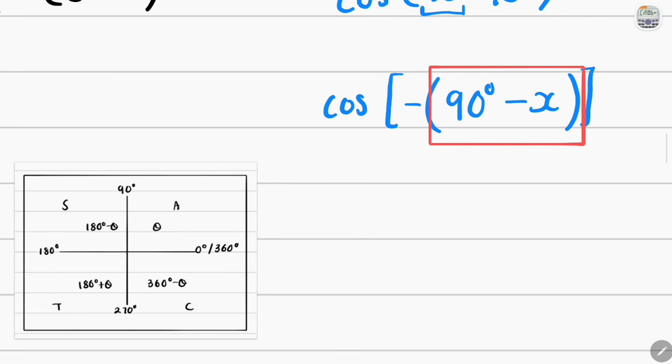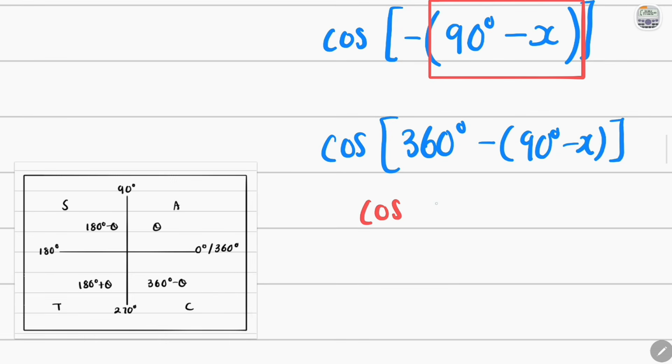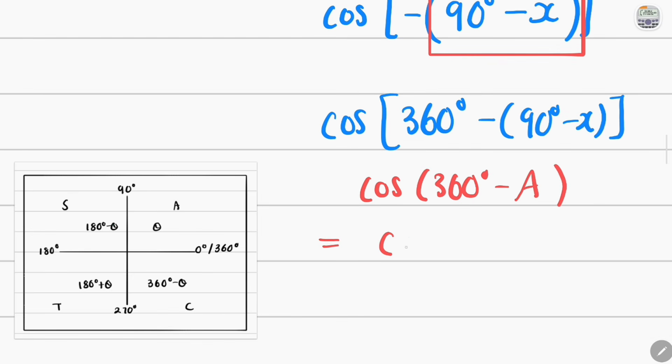And the rule is when your angle is negative, just add 360 degrees. So this is cos of 360 degrees, and then you still have your minus, 90 degrees minus x. So you can just see this as cos of 360 degrees minus an angle. So let's say minus a. So in the same way this simplifies to cos a, okay, you can just see a as a replacement for this 90 degrees minus x.